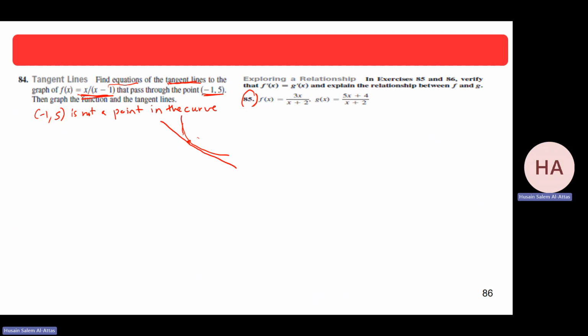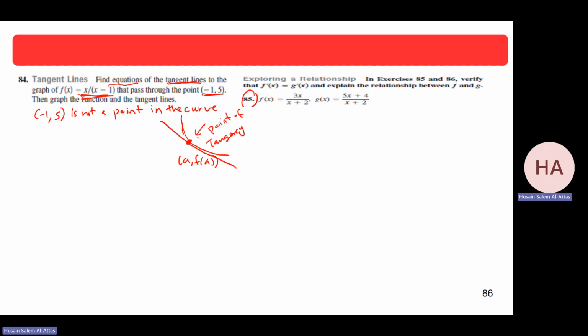Well, what are the points the tangent line is passing through? And I know this is the point of tangency. As usual, we say the point of tangency is the most important one. We call it (A, f of A). That will be the point of tangency.